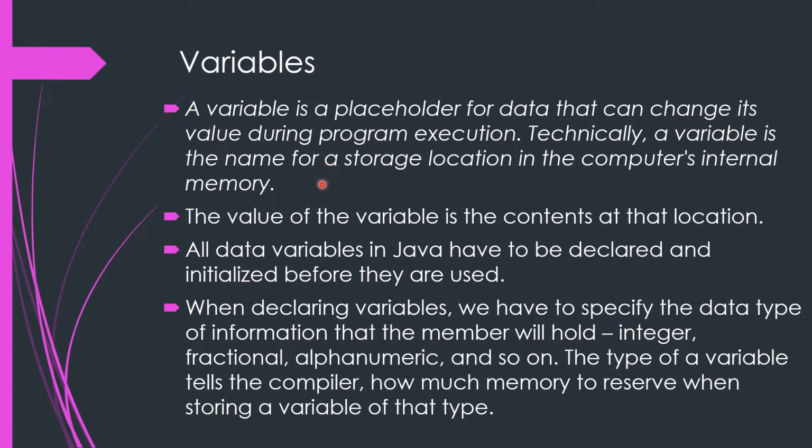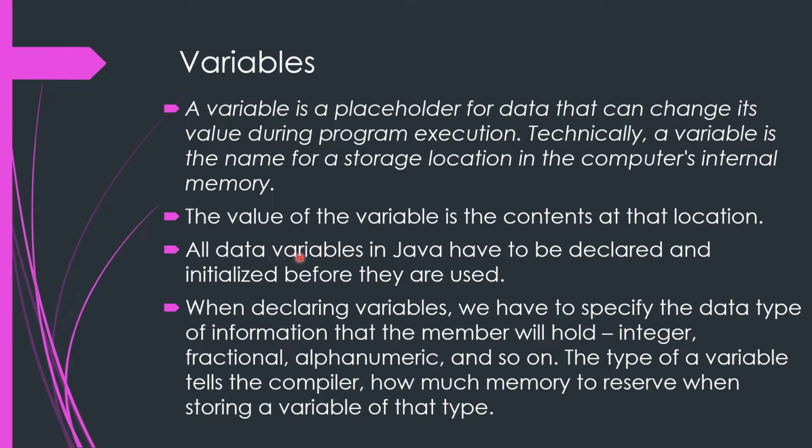The value of the variable is the contents at that location. Now we have defined the variable. So now we need to know what the value of a variable is. Basically, whatever content we store at that location is the value of that variable.